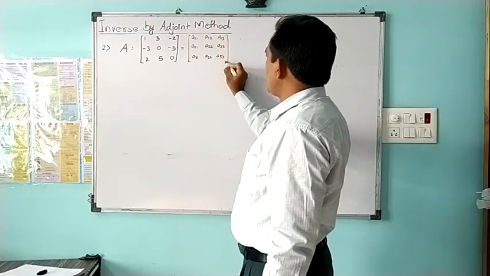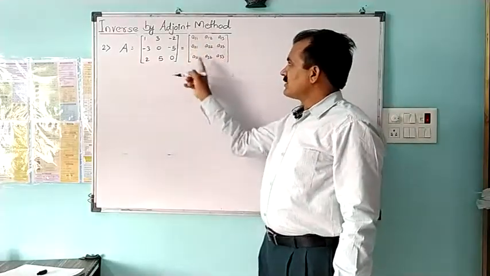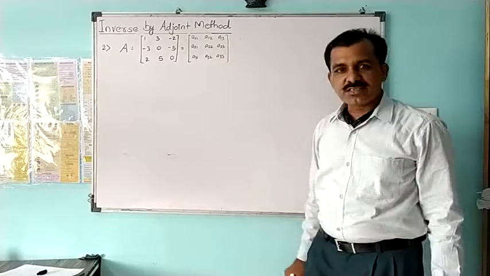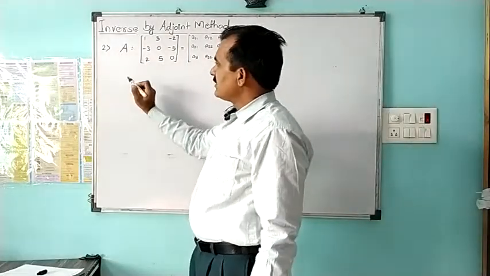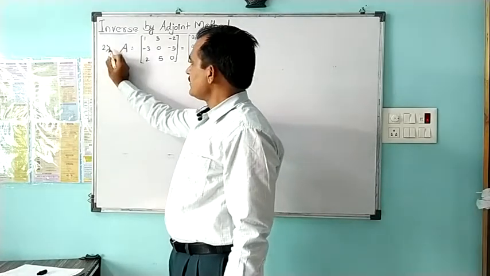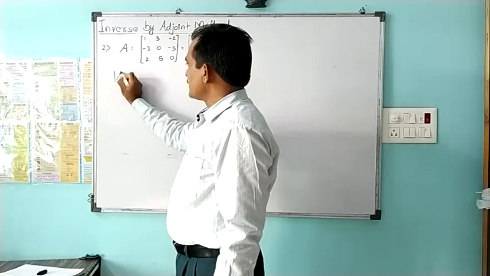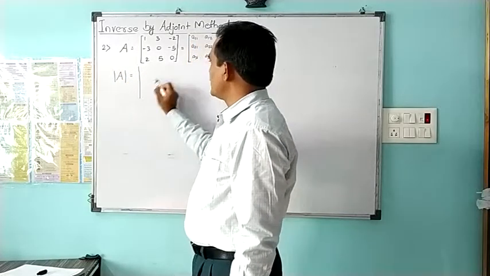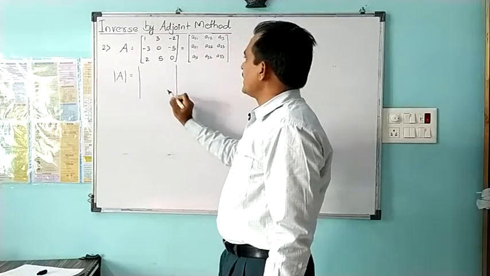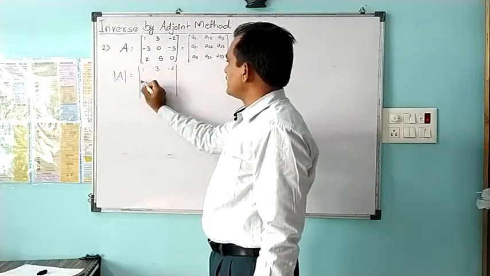So according to position, the 9 elements are represented by this symbol. Now to get the inverse, we require the determinant of this matrix. The determinant can be evaluated using the same 9 elements in a determinant.